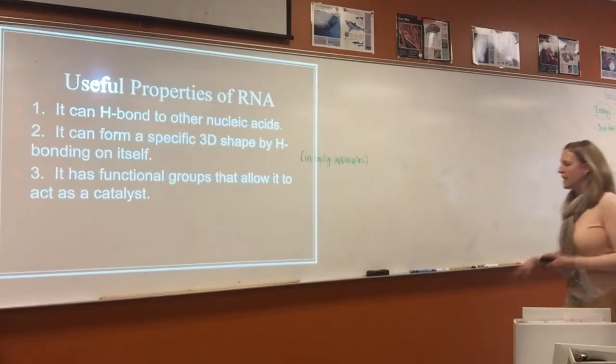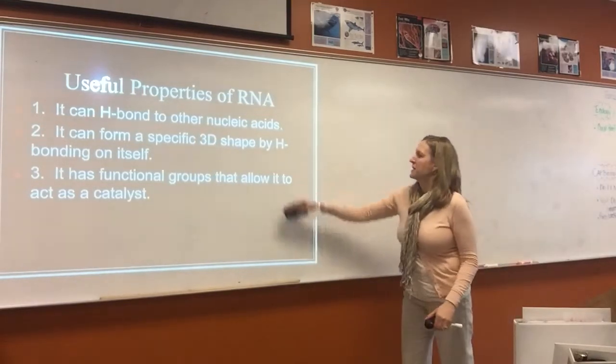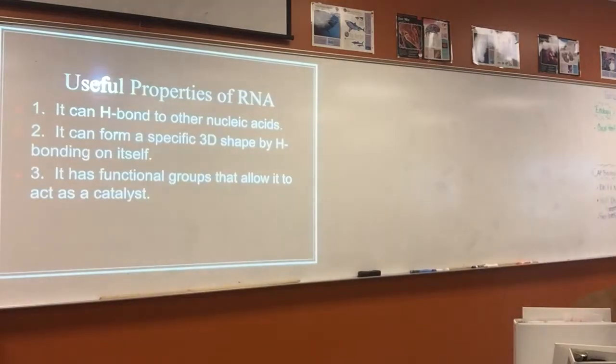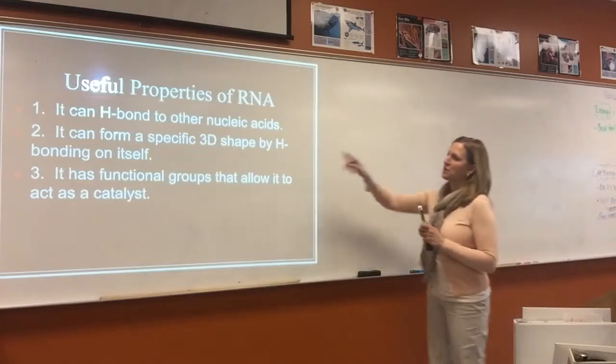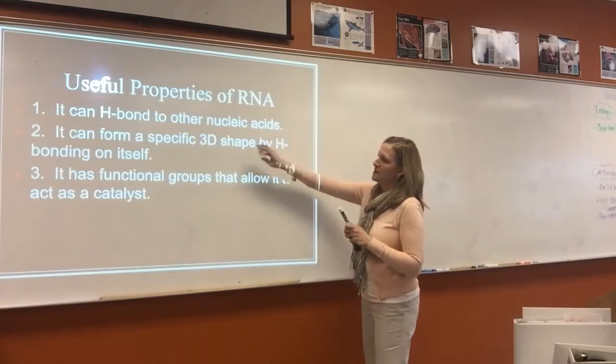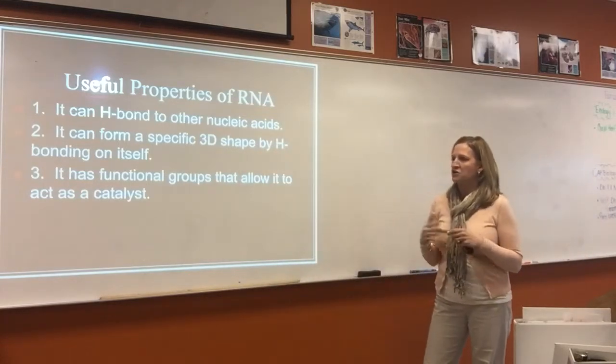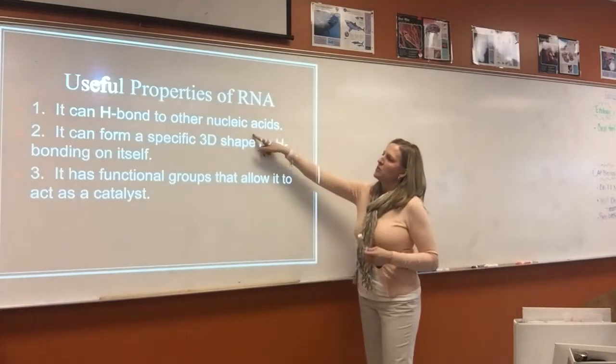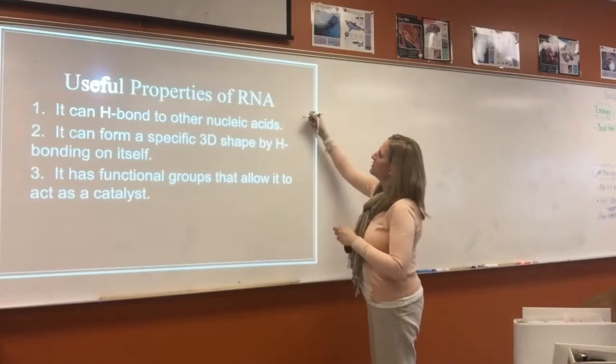So, RNA, and we learned about 3 kinds of RNA: mRNA, tRNA, and rRNA. These are 3 things that are helpful in all kinds of RNA. They can hydrogen bond to other nucleic acids, can form a 3D shape by hydrogen bonding on itself, and can act as a catalyst. So number 1 here, it can hydrogen bond to other nucleic acids.